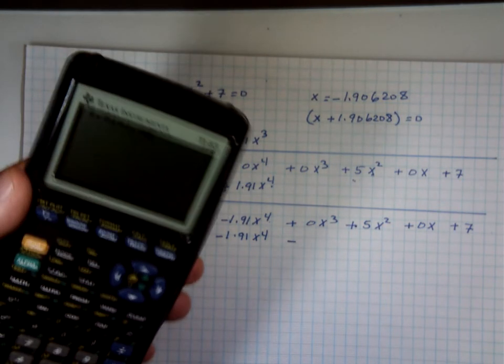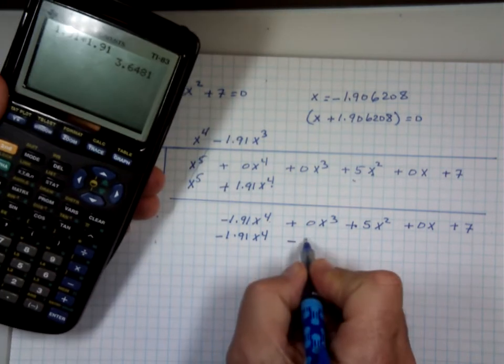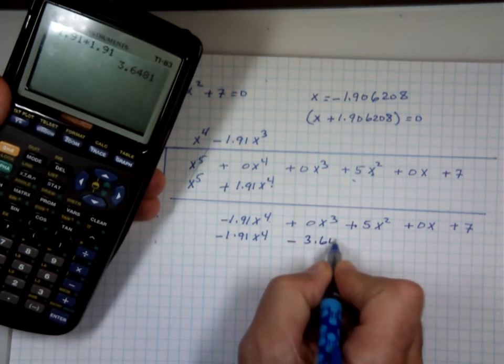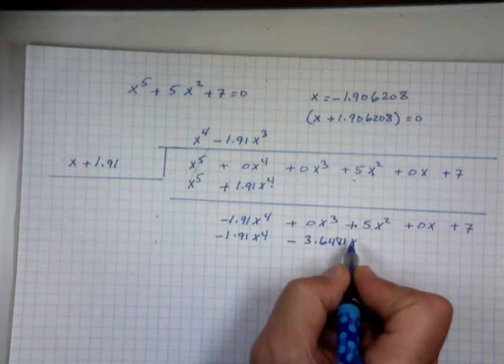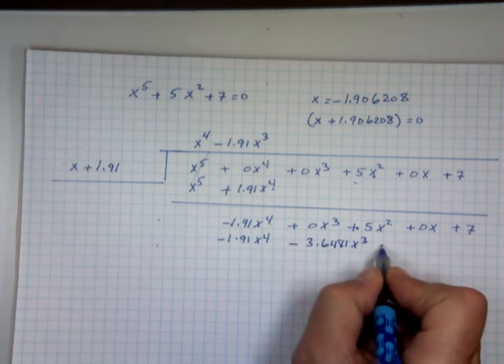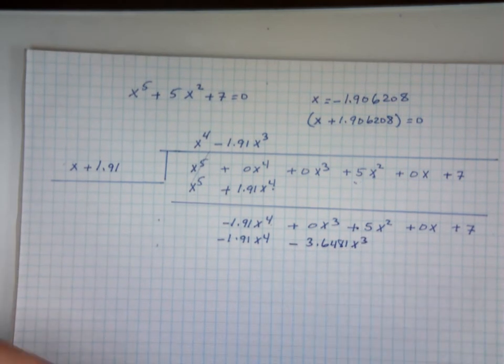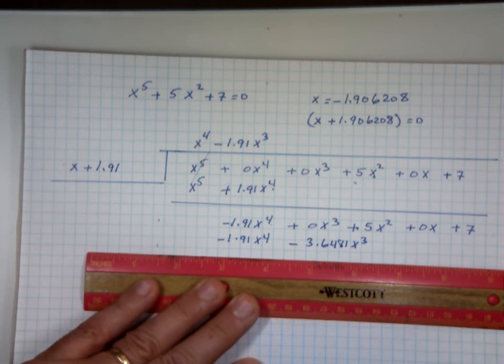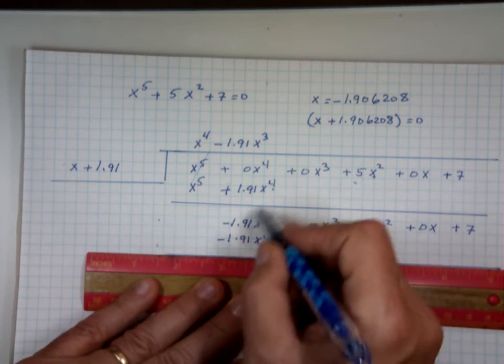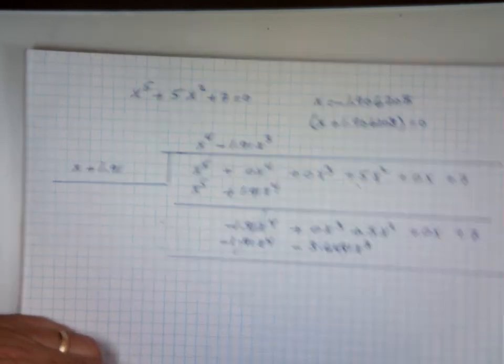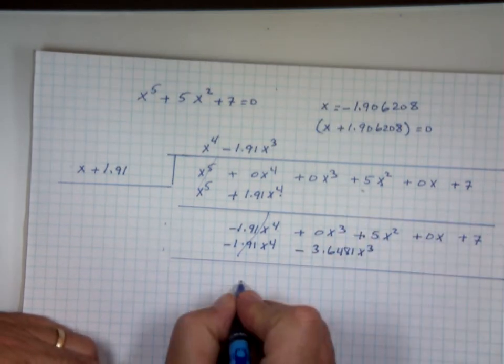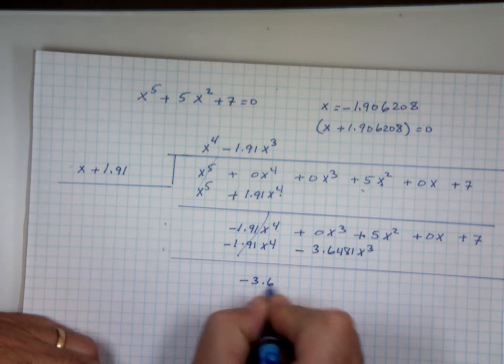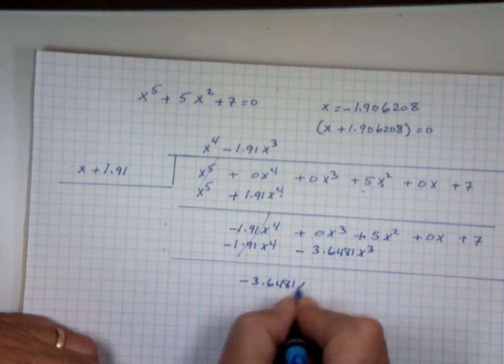That's 3.6481 x to the third. Subtract them again. If you subtract, this is gone. What is 0 minus this? It's a negative 3.6481 x to the third plus 5x squared.